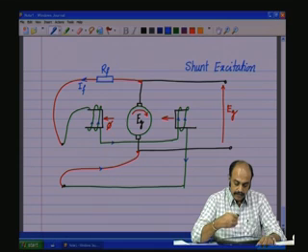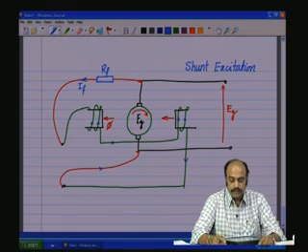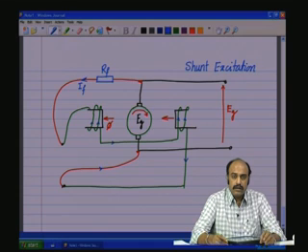So, we saw that one can connect in these fashions, that is either separately or taking it directly from the generator. One could also make combinations of these. We will see how we go about making such changes to get certain benefits out of the disadvantages which exist in the shunt excitation.